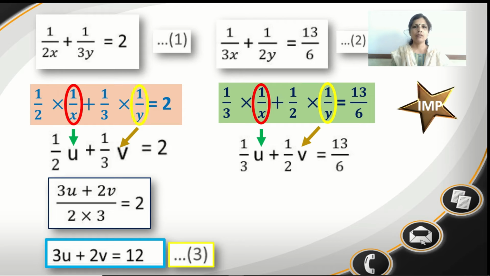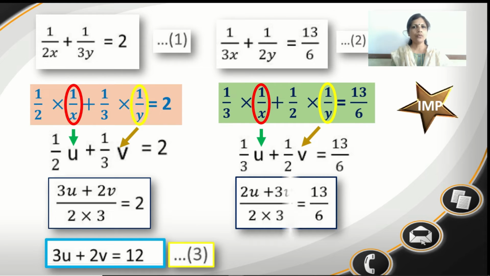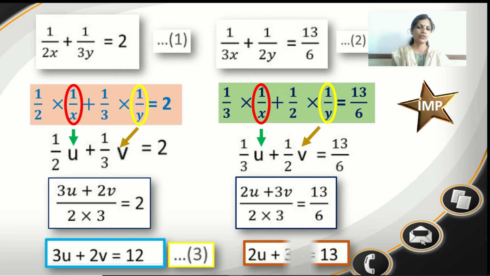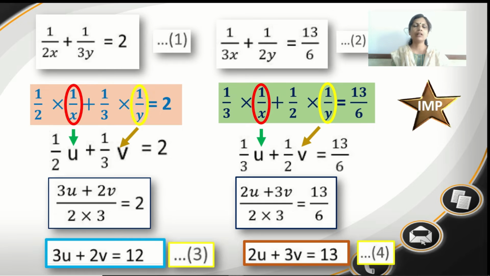So now we get 2u plus 3v upon 6 is equal to 13 upon 6. We have cross multiplied and solved it. So you get the equation as 2u plus 3v is equal to 13, and we will call this our equation 4.